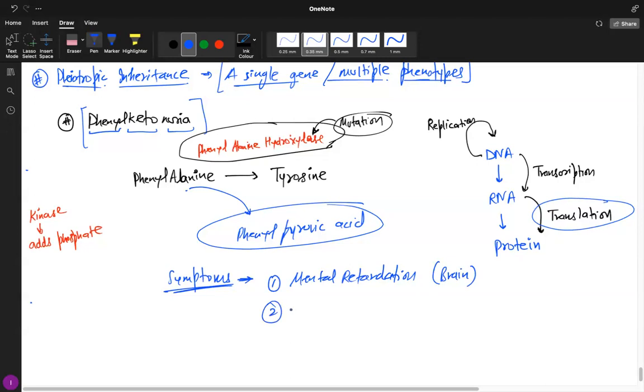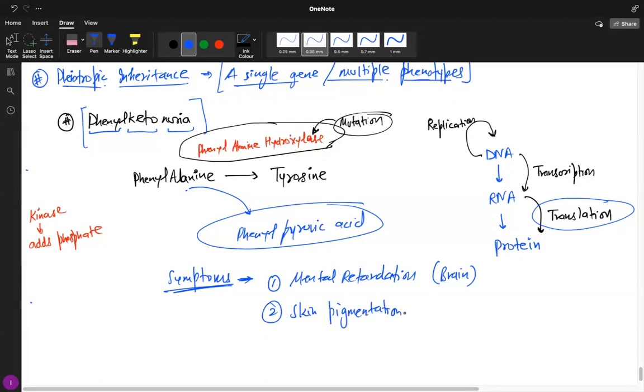The other is the effect on skin coloration, skin depigmentation.